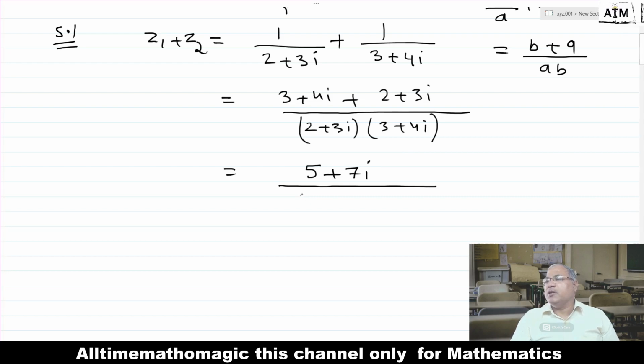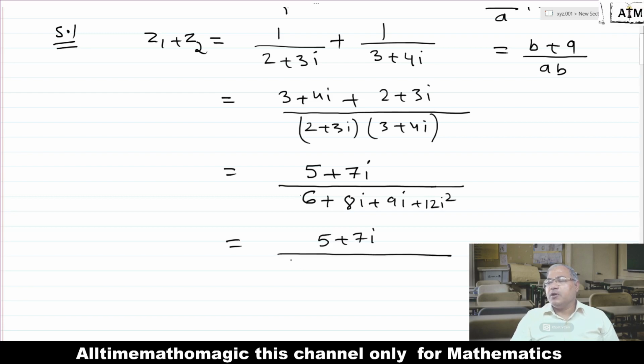Now we will multiply the denominator, that is 6 plus 8i plus 9i plus 12i square, which equals 5 plus 7i upon 6 plus i common, 8 plus 9 plus 12 into minus 1.